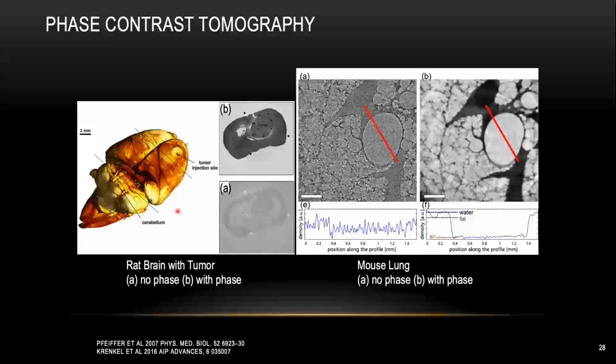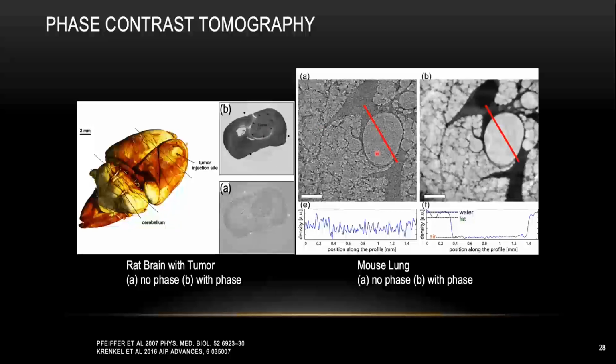And you can see the picture underneath here. They are looking for a tumor inside the brain. But before you apply the phase contrast, it's really hard to find the specific location of the edge of the tumor. By using the phase contrast, you can brighten the edge of the tumor, then you'll be able to define the size of the tumor and so on.